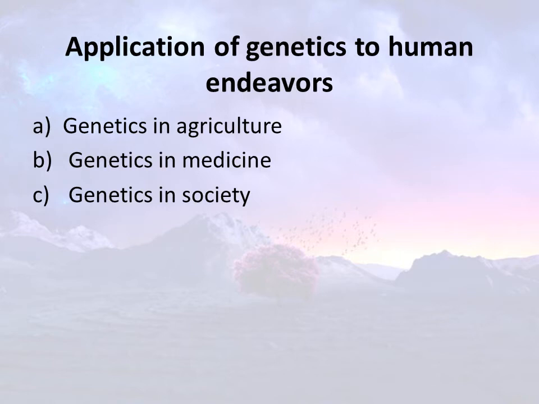The best example is the BT corn. Here BT stands for the bacterium Bacillus thuringiensis, whose gene was introduced into the various crops to prevent them from the attack of insects.